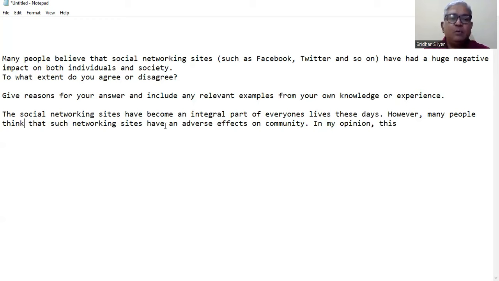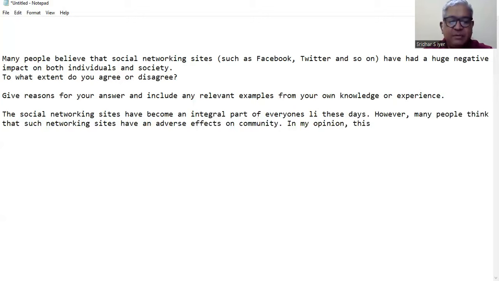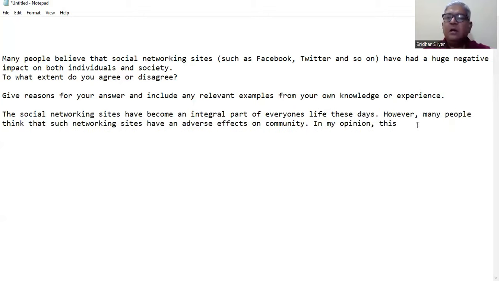Okay, the social networking sites have become an integral part of everyone's lives these days. Or if you think that two plurals cannot go together, then you can also say everyone's life these days. However, many people think that such networking sites have an adverse effect on community overall.